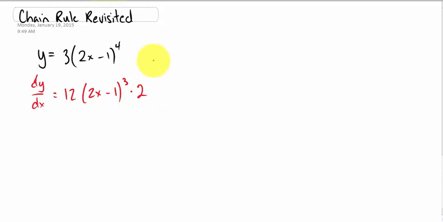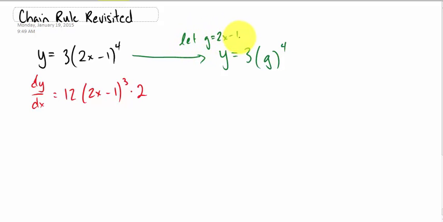Okay, now let me rephrase this. I'm going to say y is equal to 3 times, we'll call this g, to the 4th. I'm letting g equal 2x minus 1.